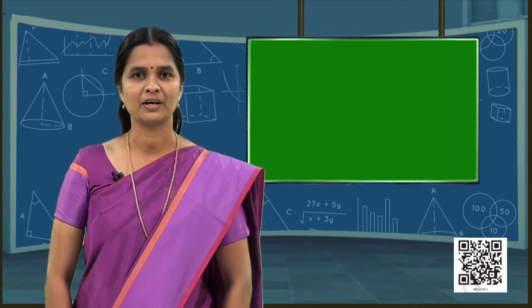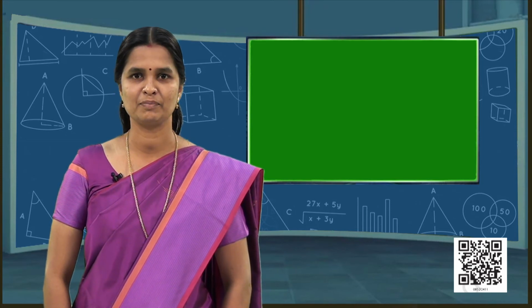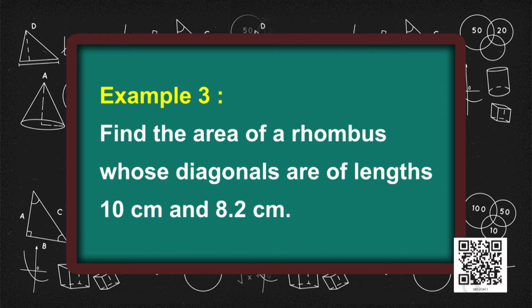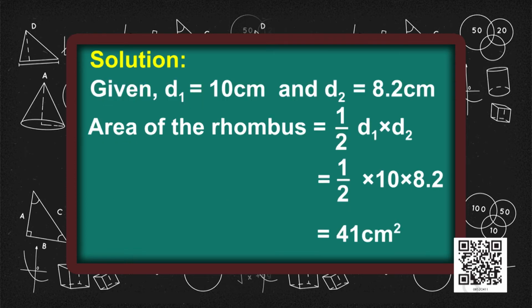Moving on to a rhombus, here is an example for you. Example 3. Find the area of a rhombus whose diagonals are of length 10 centimeter and 8.2 centimeter. Solution.